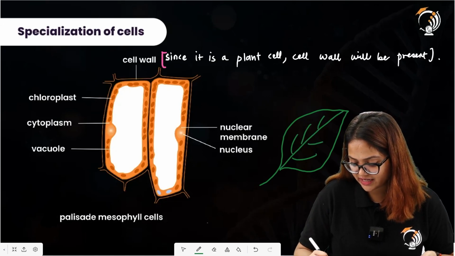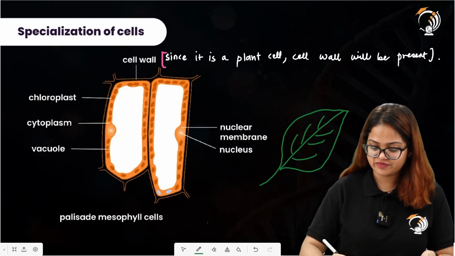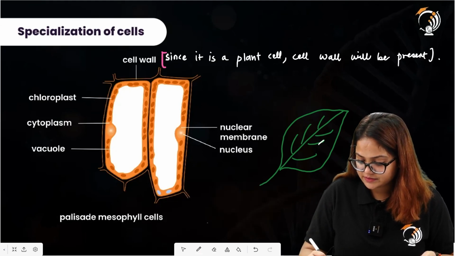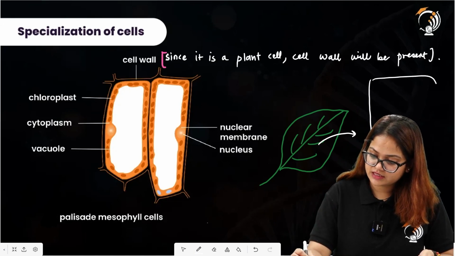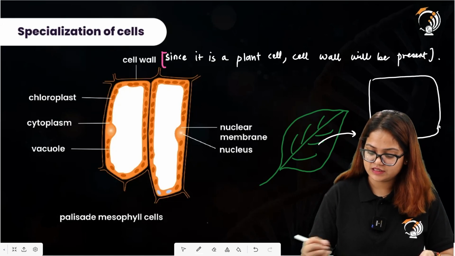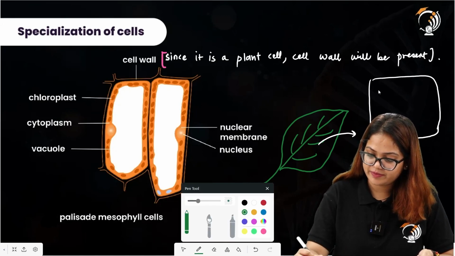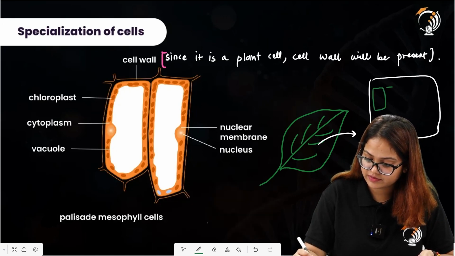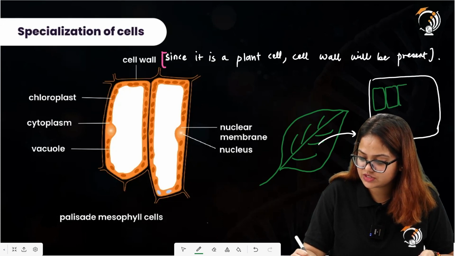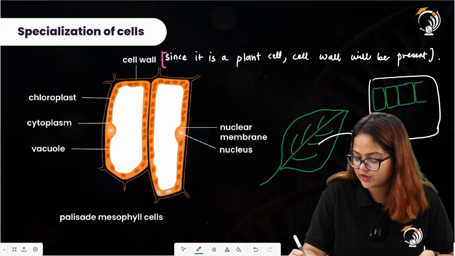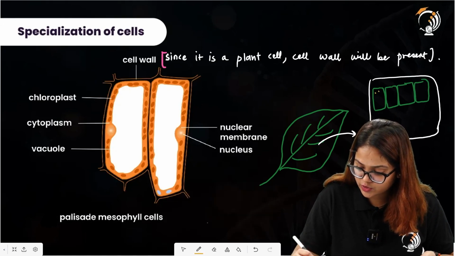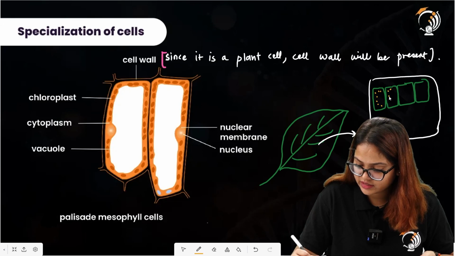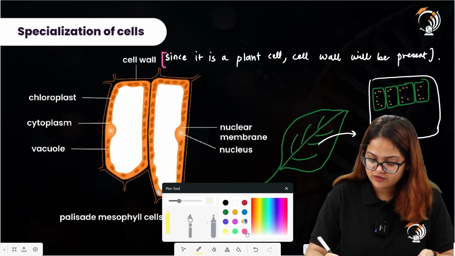So on magnification of this section of leaf, you will observe that this structure contains palisade cells in them. So parallelly arranged cells which are responsible for carrying out the process of photosynthesis. These cells have chloroplast in them. Numerous chloroplasts to carry out the process of photosynthesis.